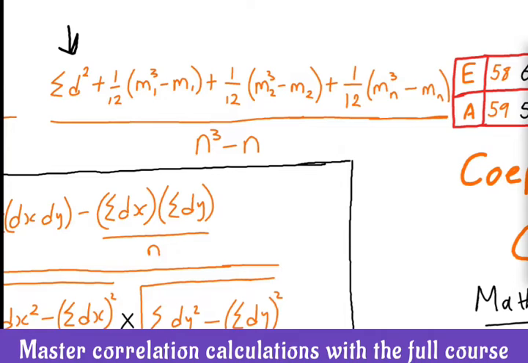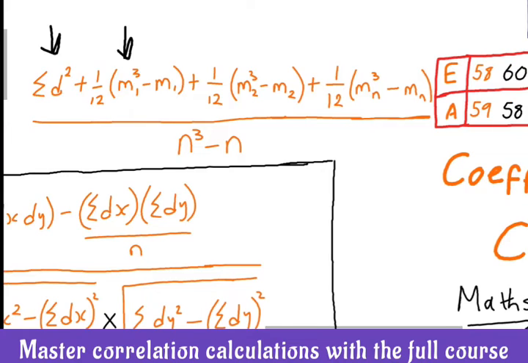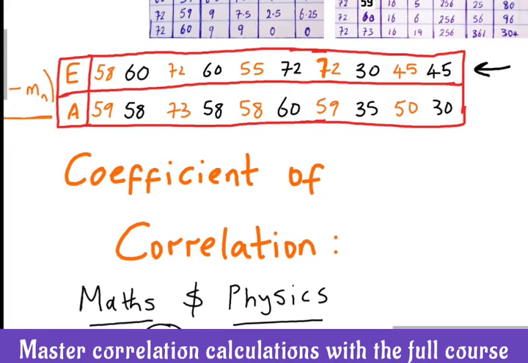And here we have m. This m is the number of times that rank was repeated for that specific score or that specific value. Now look at it here. In the subject economics, we discover that 72 was repeated here, here, and here, 3 times.